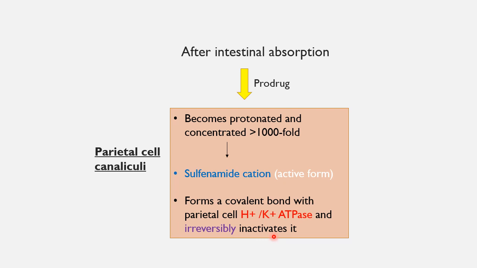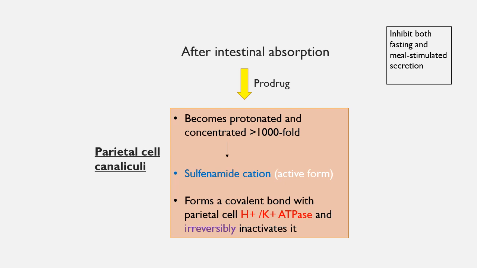So when you get this question in the exam, you have to write it like this: after intestinal absorption, the drug will go into the parietal cell canaliculi, it will become protonated and concentrated, it will be converted into its active form, which will form a covalent bond with the parietal cell hydrogen potassium ATPase and irreversibly inactivate it. Clear? So it inhibits both fasting and meal stimulated secretion and also has an effect on nocturnal acid secretion.